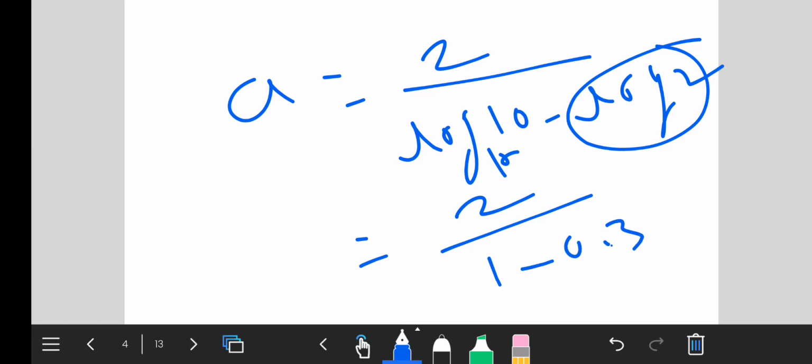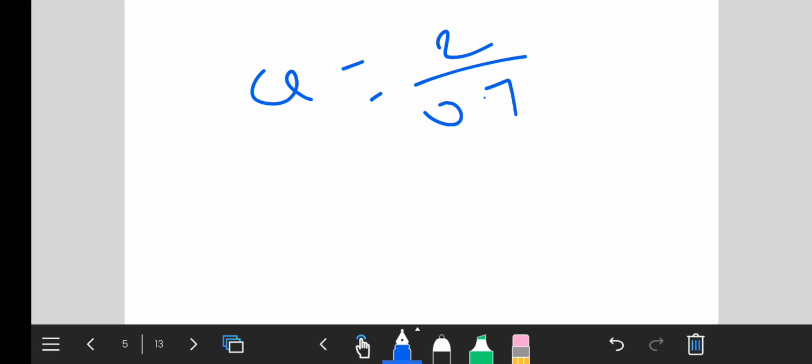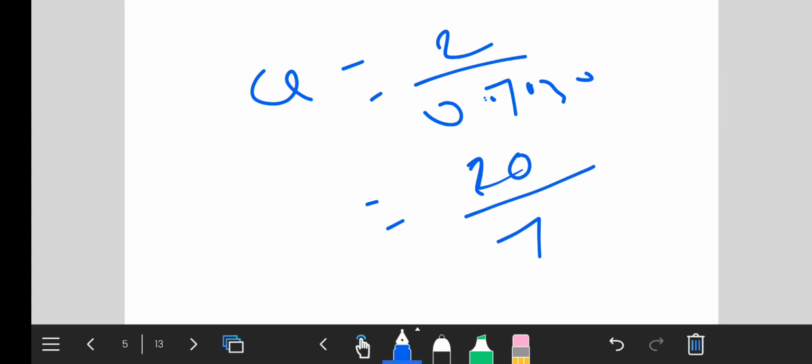So the denominator becomes approximately 0.7. So 2 divided by 0.7 is our answer. So a equal to 2 divided by 0.7. That is 20 divided by 7, approximately.